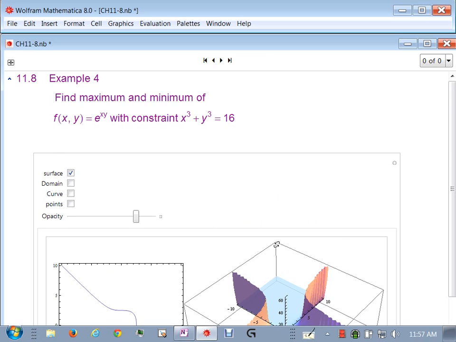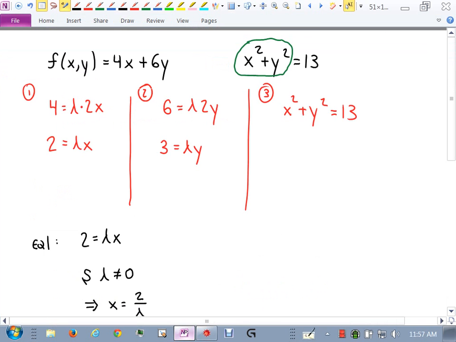Find the maximum and minimum of the function e to the xy, with the constraint x cubed plus y cubed equals 16. Now we're getting there.